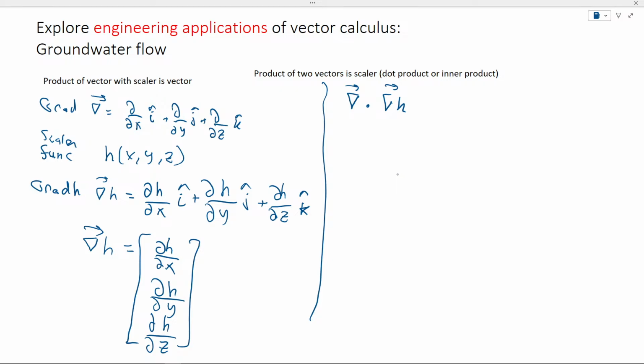That will actually give you a scalar function, not a vector function. Let me write this out to show you how you do it.